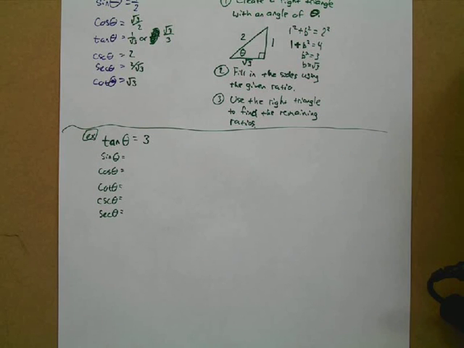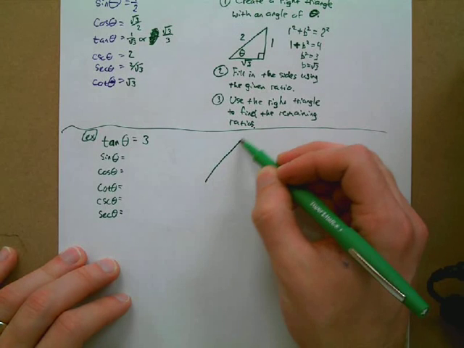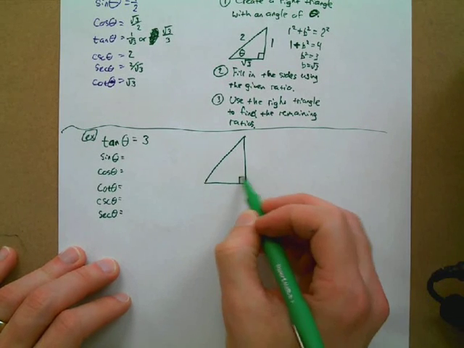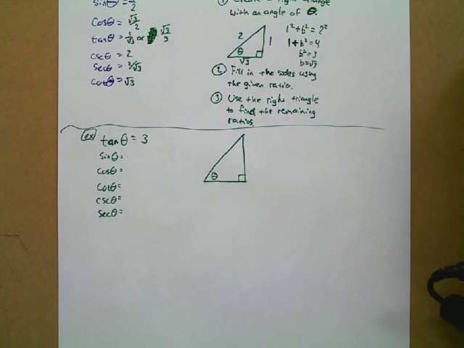Okay. So in this case, we'll draw that right triangle. We'll put theta in there for one of the acute angles. But then how should I go about labeling my triangle here? All I've got is a 3. Tangent's supposed to be opposite over adjacent, but all I got is the 3 there.